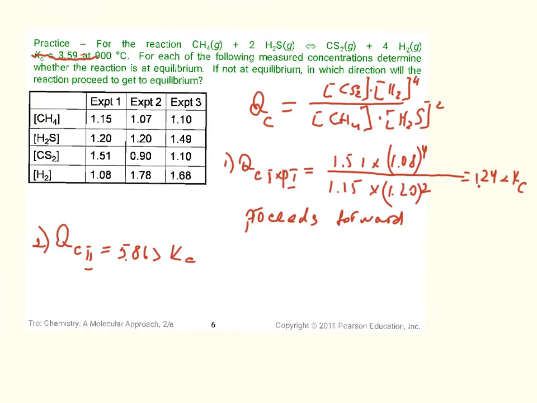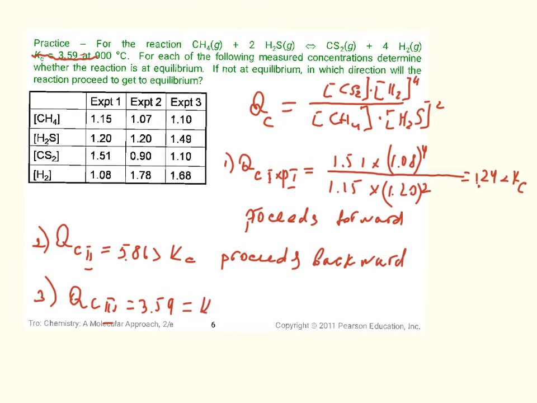It means that the reaction proceeds backward. In the third case, when we calculate it for the third experiment, you will see it's 3.59, exactly the same as the equilibrium constant. Hence, the reaction is at equilibrium.